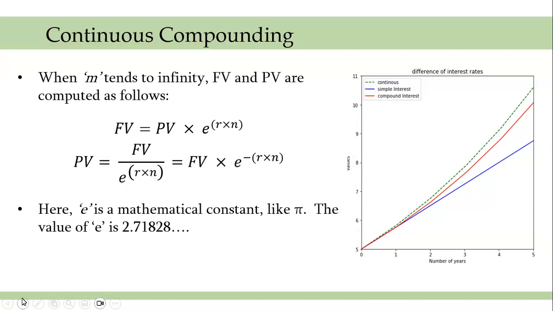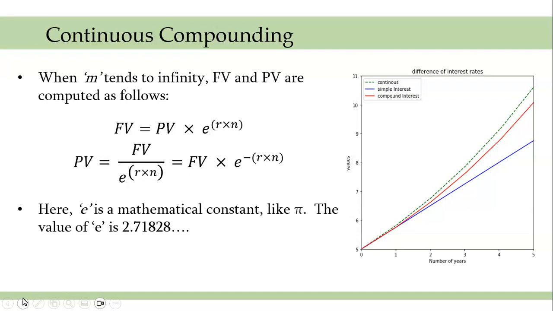Here, e is a mathematical constant, just like pi. The value of e is 2.71828, and so on.